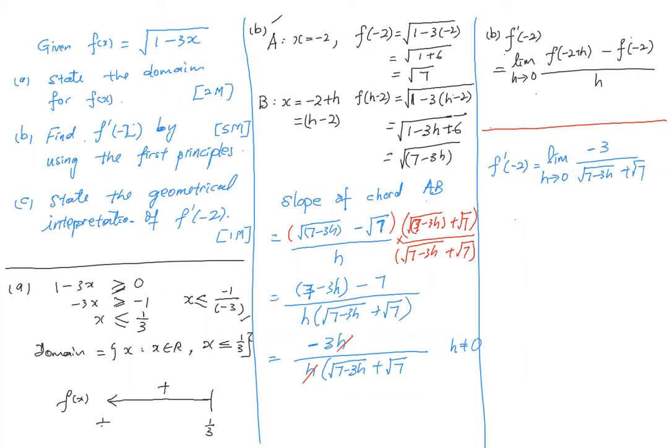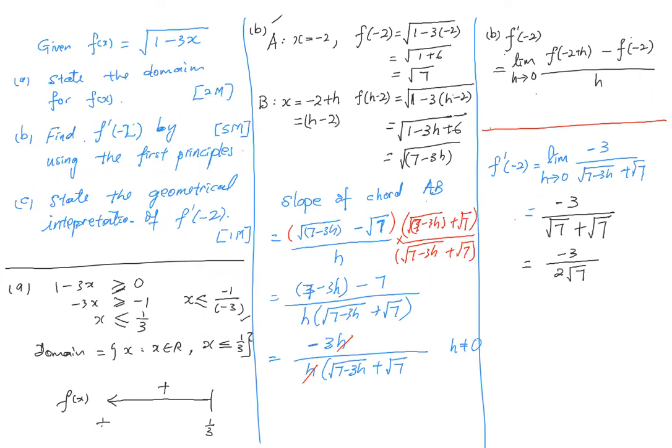As h approaches 0, square root of 7 minus 3h will approach square root of 7. Try not to substitute in, okay? So just write -3 over square root of 7 plus square root of 7. So this will be -3 over how many square root of 7? 2. Yes, you're right. This is 2 square root of 7.